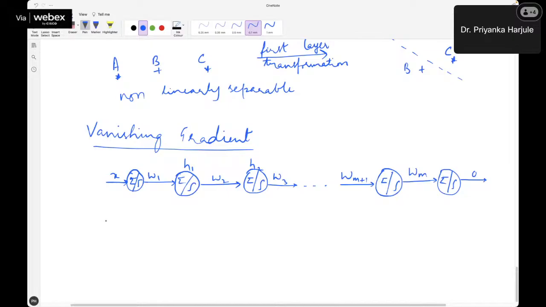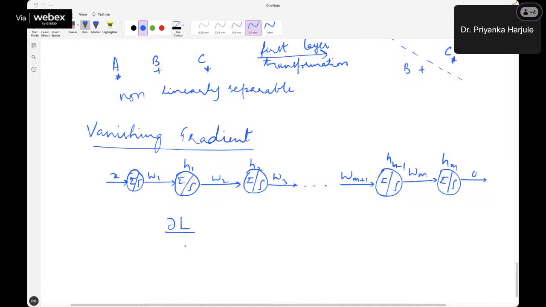Yes, ma'am. Okay, so we have these m plus 1 layers, and the weights are denoted by w1, w2, etc. Wm, and x is the input, and we have some hidden layers hm minus 1, and this is hm. Okay, so the backpropagation update is like this.